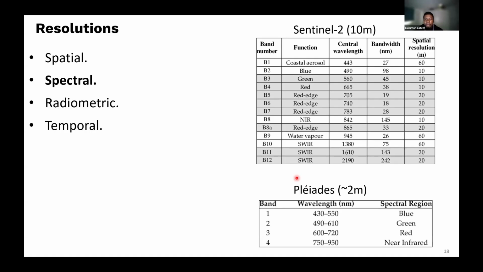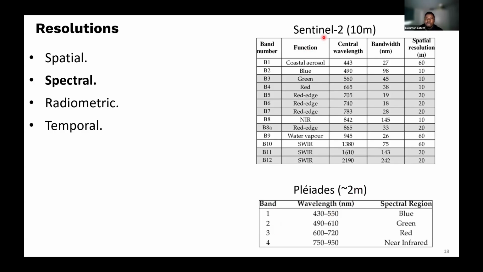For example, most drones have the RGB bands, whereas most of them don't have the microwave or the infrared band. If you look at this Pleiades image, it's a very high resolution image. It has a spatial resolution of about 2 meters, but it has only 4 bands.